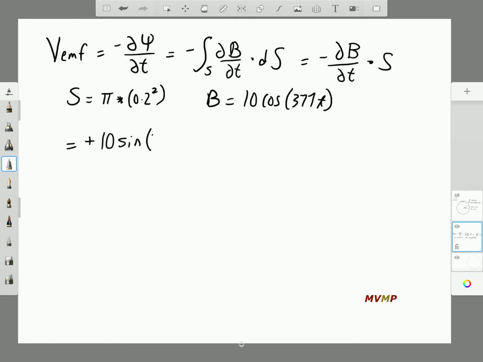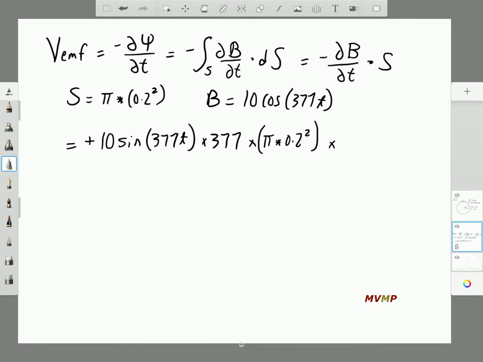10 sine 377t times, now we take the derivative of 377t, it's just 377, times pi r squared, which is 0.2 squared.